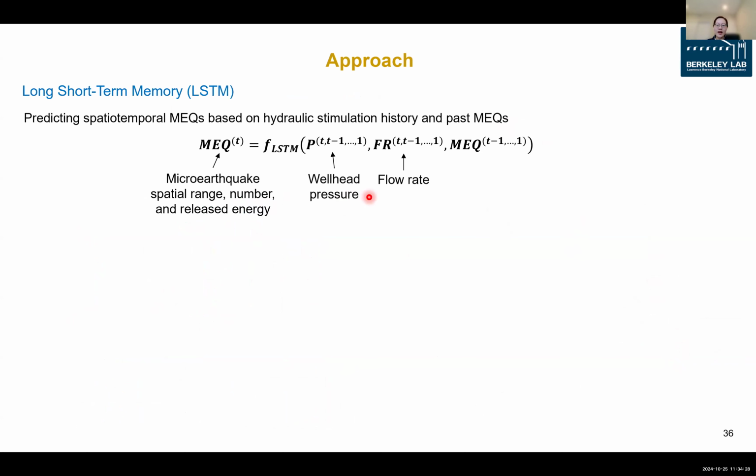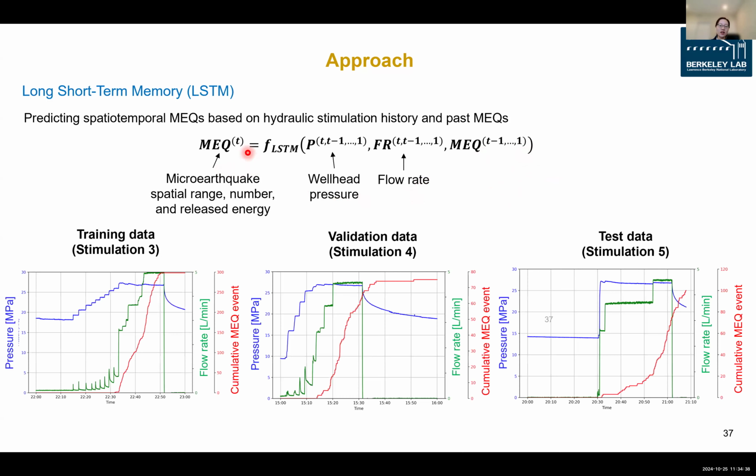We use wellhead pressure, flow rate, and MEQ from a previous time to try to predict MEQ in terms of their spatial range, number, and released energy. We use episode 3 as training, 4 as validation, and 5 as test.